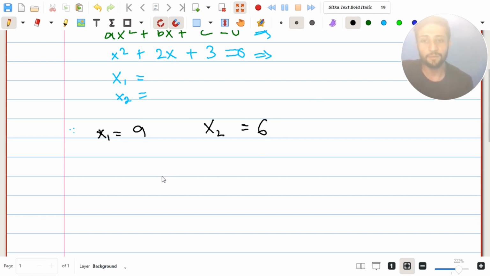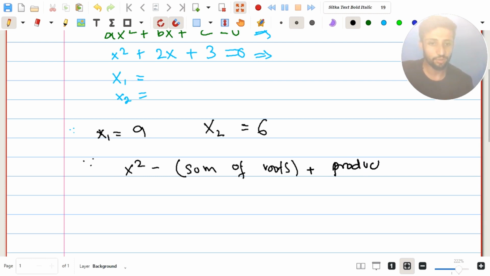So now there is a formula to find the quadratic equation if the roots are given, that is simply x square minus sum of roots into x plus product of roots is equal to 0. So this is your formula.